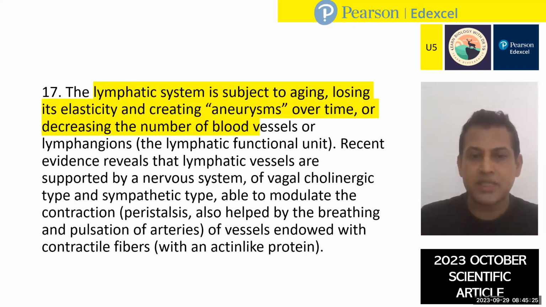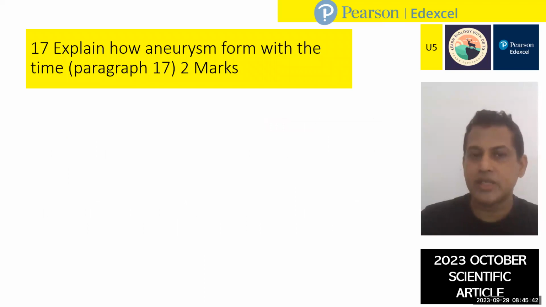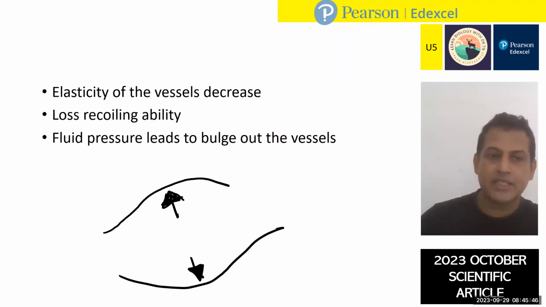The lymphatic system is subject to aging, losing its elasticity and creating aneurysm over time, or decreasing the number of vessels, or lymphangioma, the lymphatic functional unit called lymphangions. The question is, explain how aneurysm forms with time. The elasticity of the vessel decreases, it loses recoiling ability, and fluid pressure leads to bulging out of the vessel.